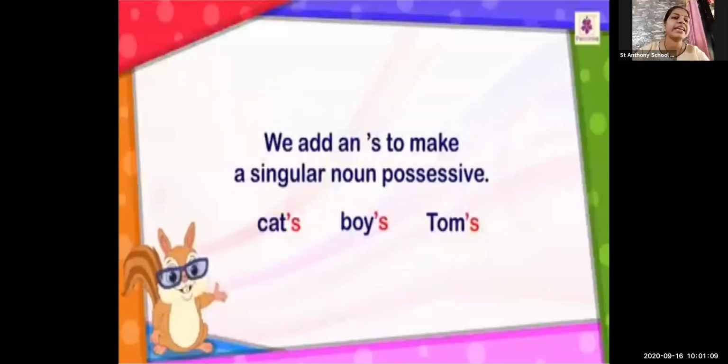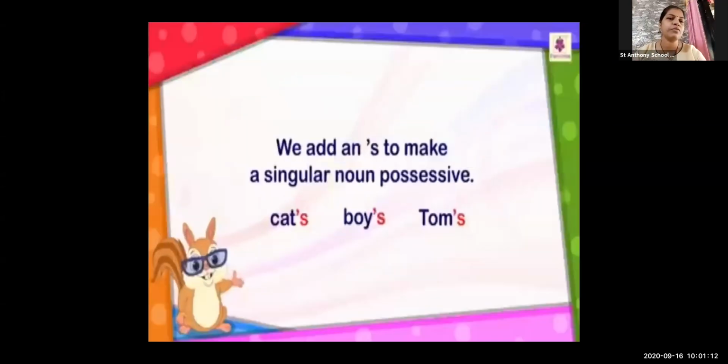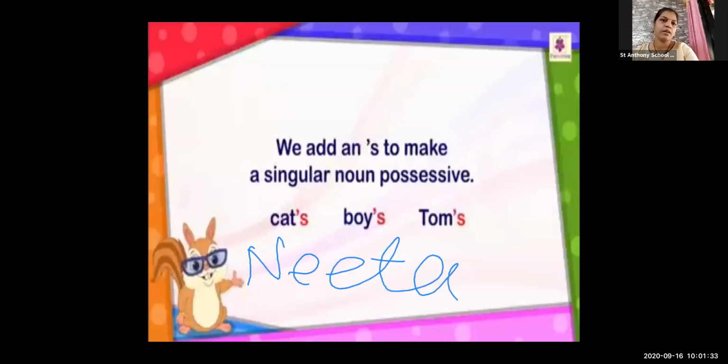After the word cat, you can see here, I'll give you one example. Let's see the example, Nita. When I talk about Nita, and I want to show the possessive name, what would I use?